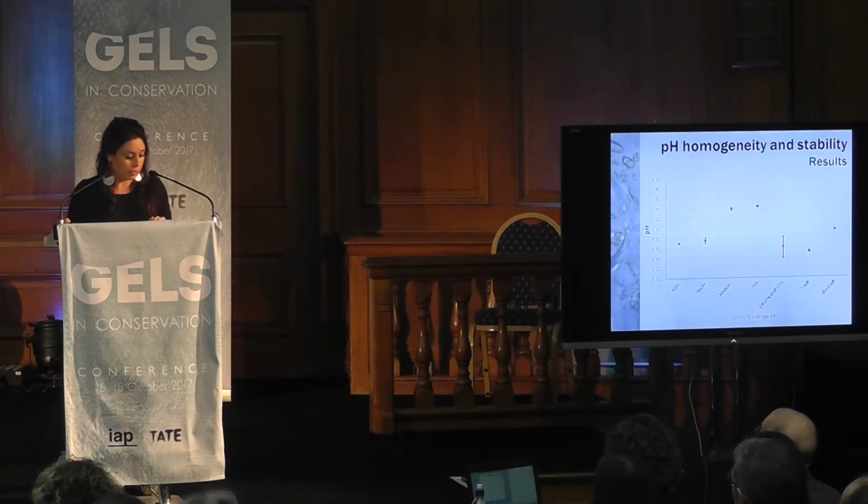You can see in this graphic the vertical bars showing the standard deviations after the measurements performed every hour. These deviations revealed local heterogeneities in the entangled structure of the gels.